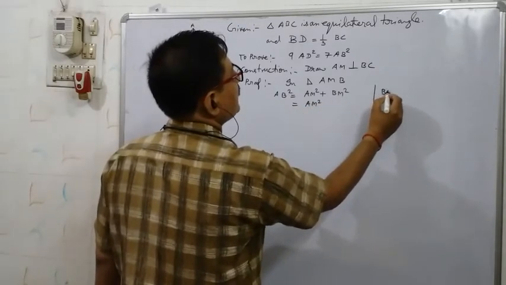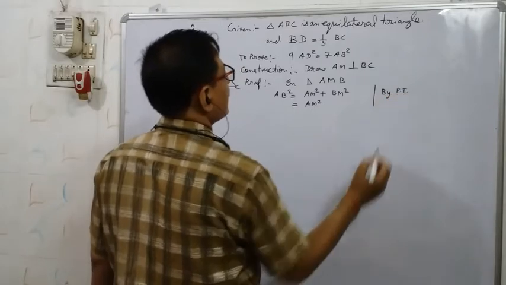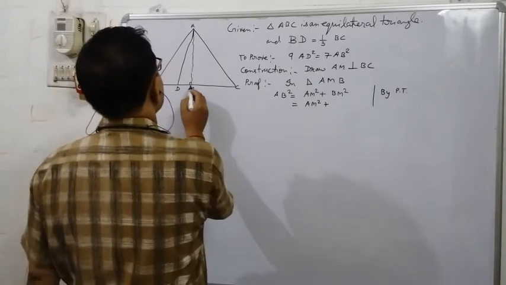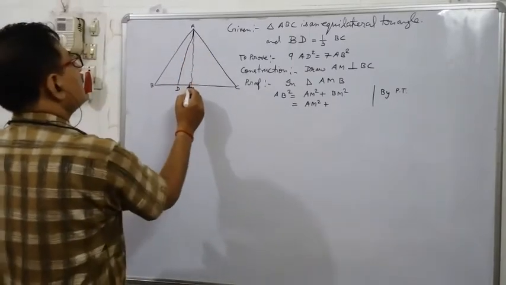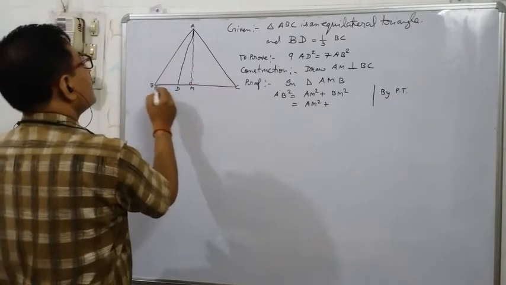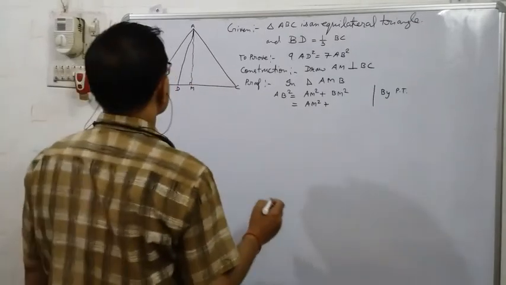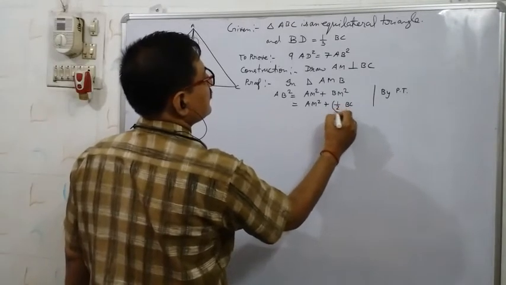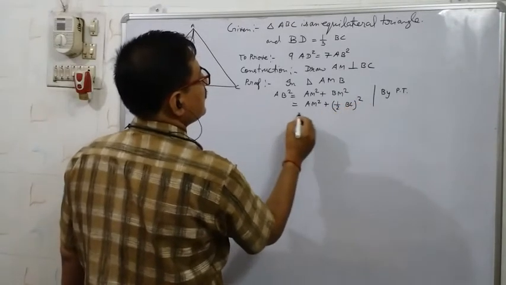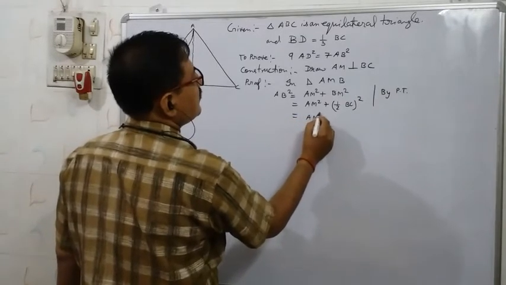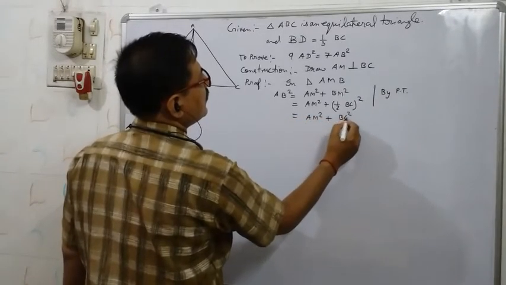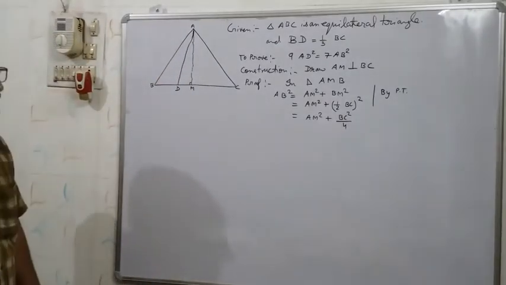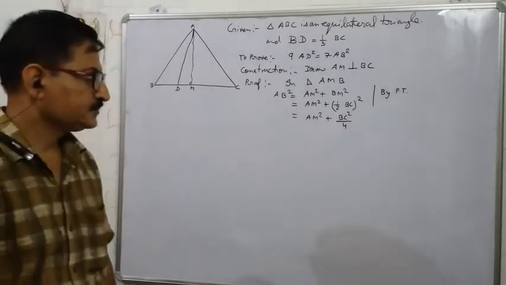This is by Pythagoras theorem. And BM is equal to half BC, because in an equilateral triangle the altitude always divides the base into equal parts. So AB square equals AM square plus half BC whole square, which can be written as AM square plus BC square upon 4. So AM square equals AB square minus BC square upon 4.